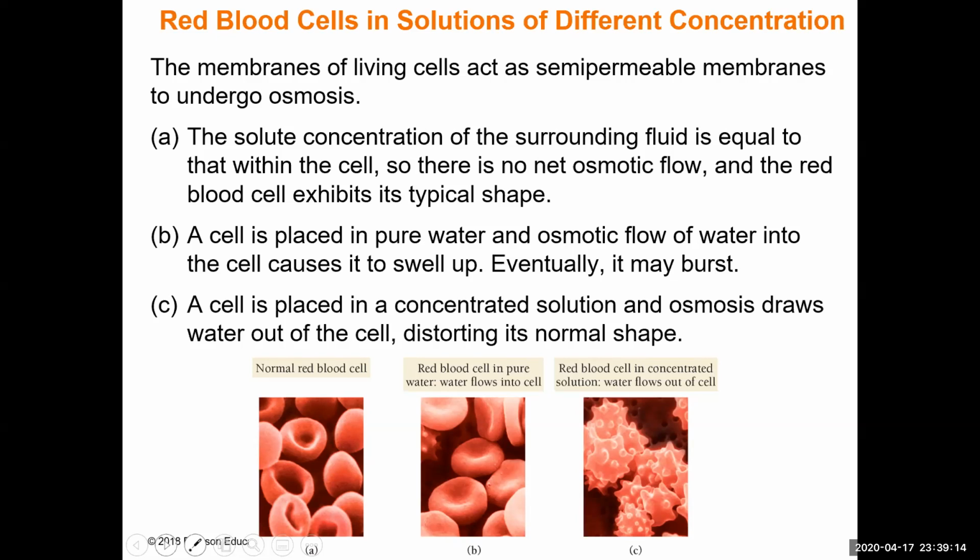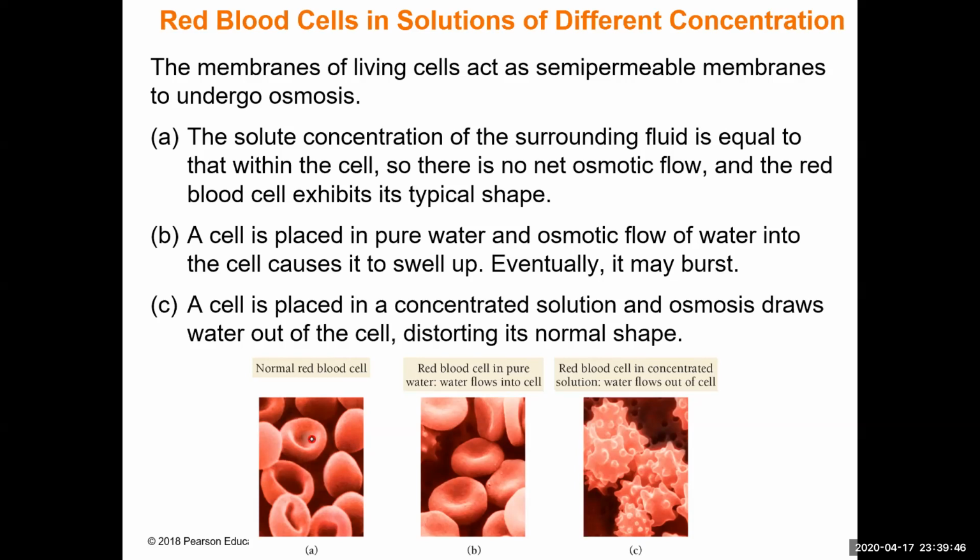Here we see red blood cells in 3 different solutions of different concentrations. Remember that these membranes of living cells act as semi-permeable membranes, so they allow the transfer of water. And this undergoes osmosis. In figure A, which is shown on the left side here, the solute concentration within the cell and outside of the cell are equal.